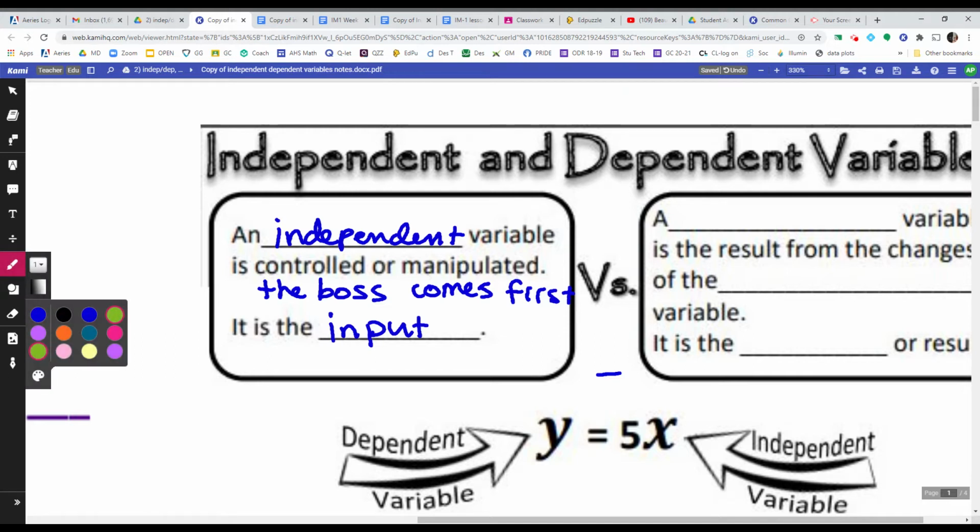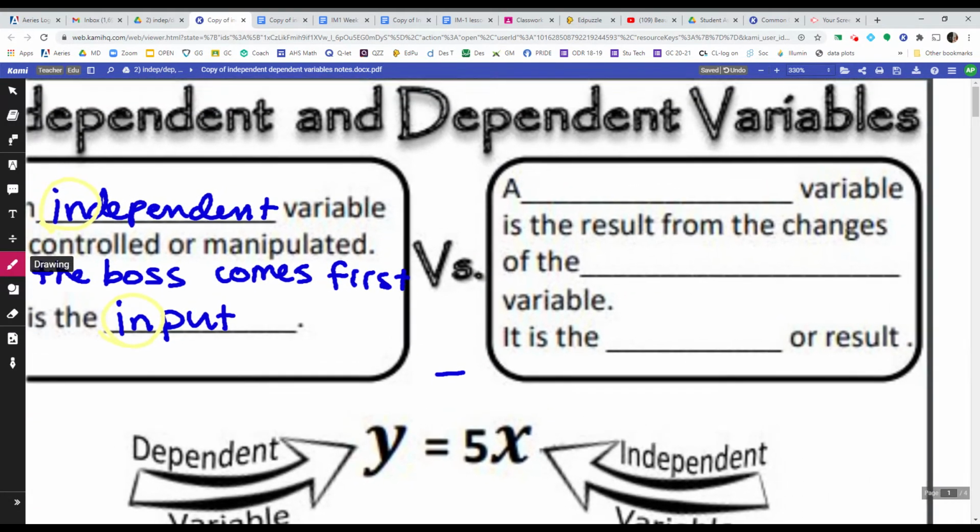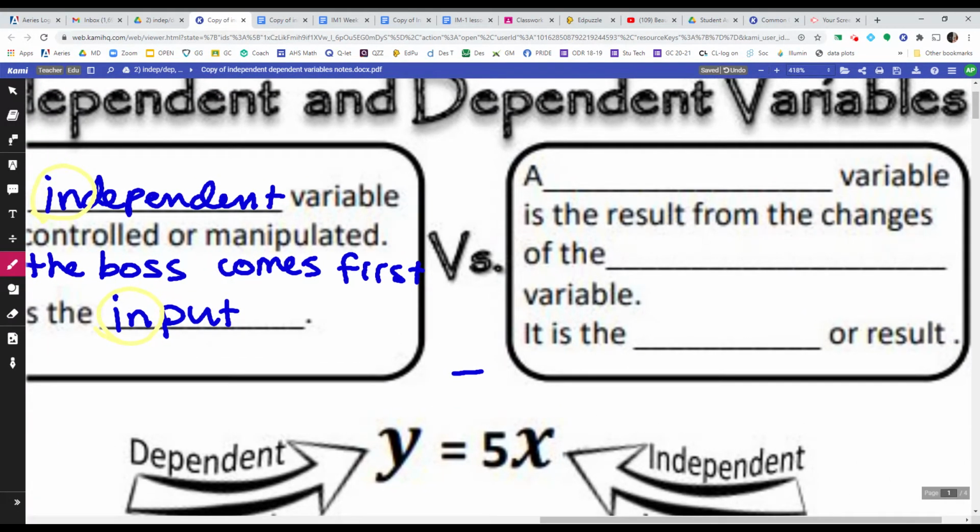The nice way to remember this is that the word independent and input are related, and they both begin with the word in. The other one, a dependent variable, is the result from the changes of the independent variable.